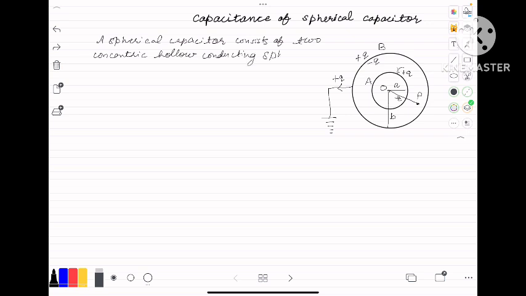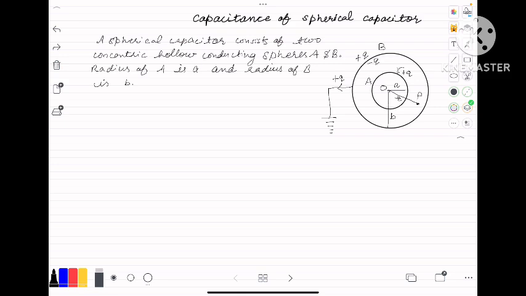Hollow conducting spheres A and B. Radius of A is small a and radius of B is small b.